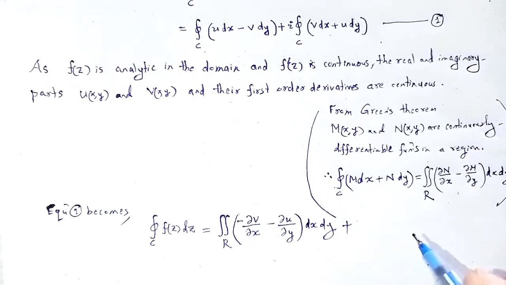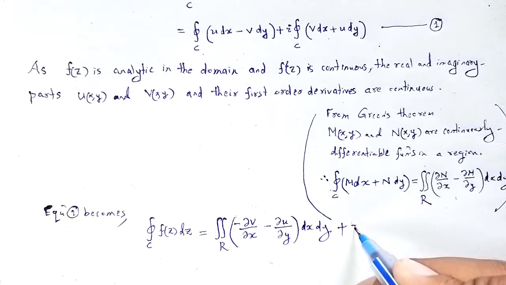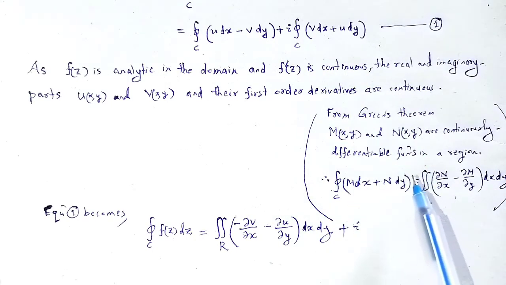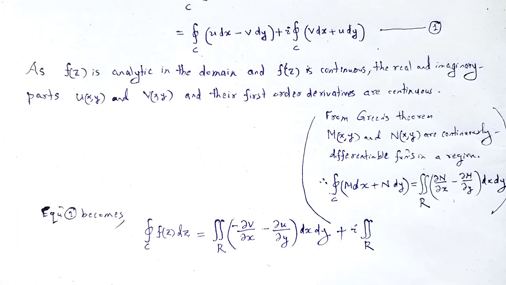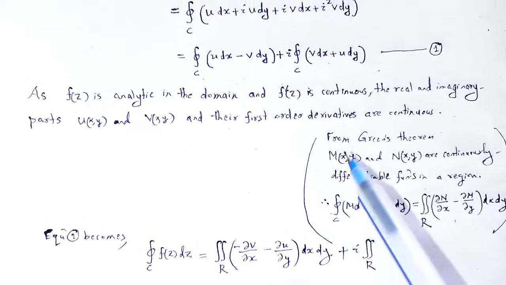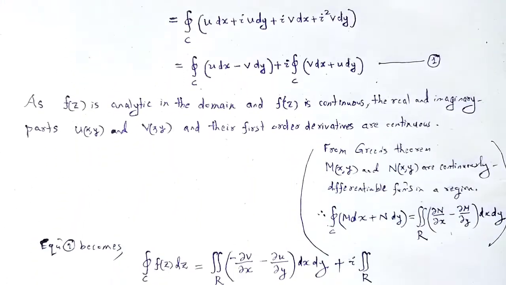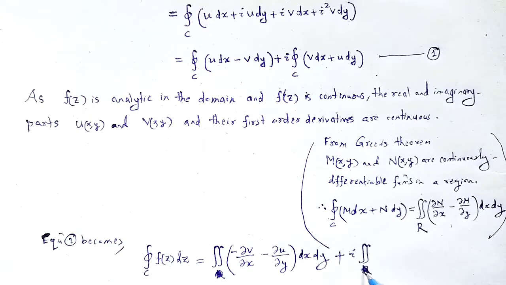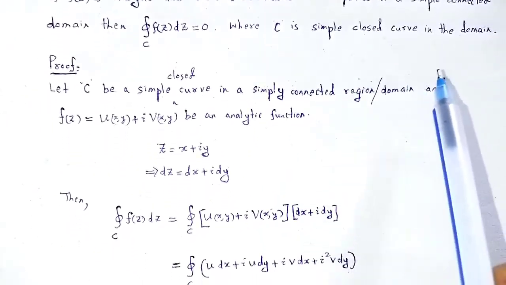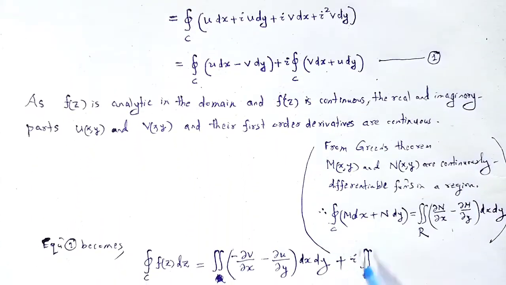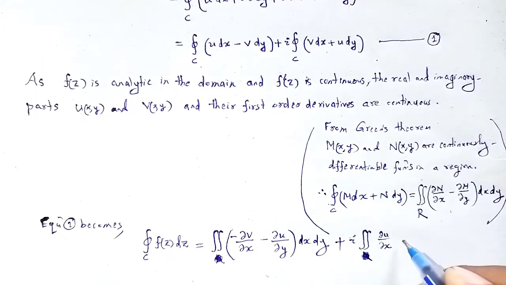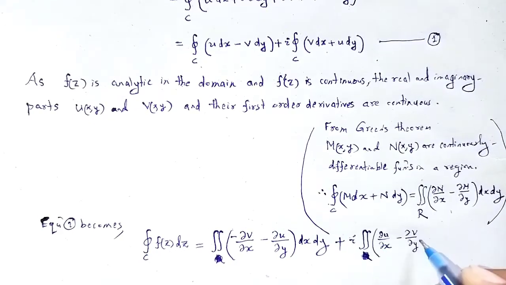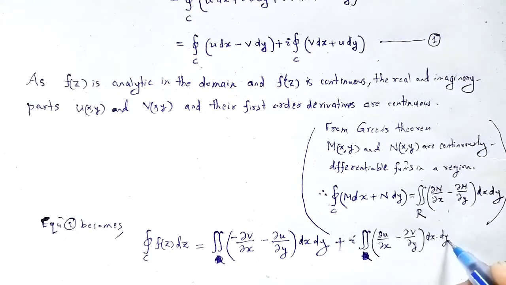Plus i times, again that integral changes to the same form over region R. The region is not mentioned, so I just write the integral: (∂u/∂x − ∂v/∂y) dx dy.